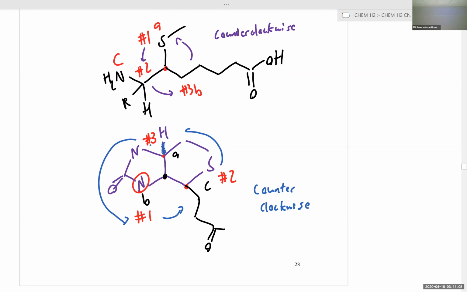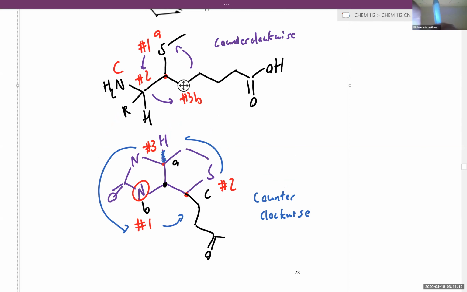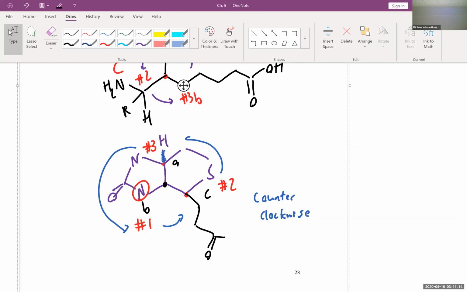Now, we've already done some work here. We've already rotated our molecule, flipped our molecule, so that for center C, our hydrogen's already in the back.